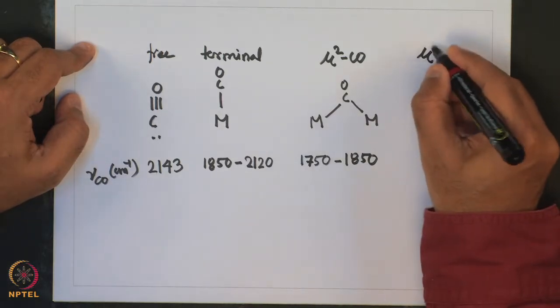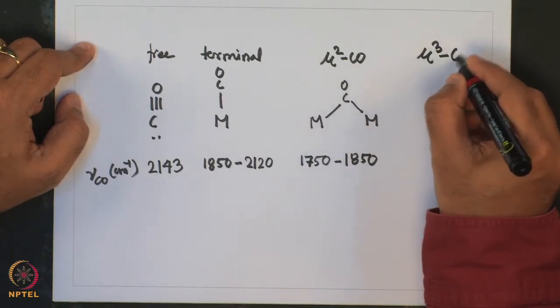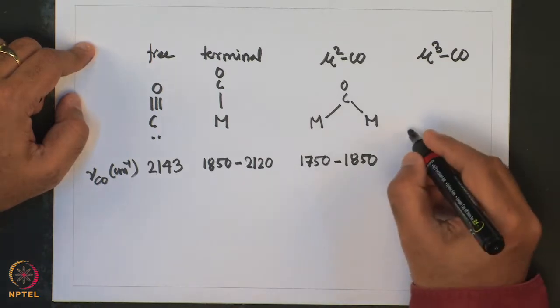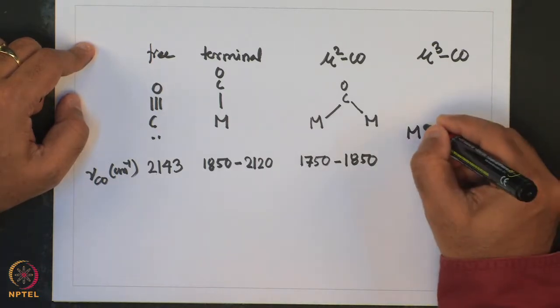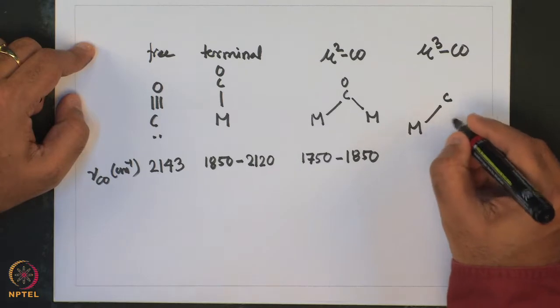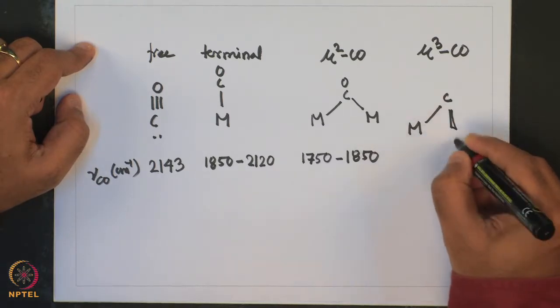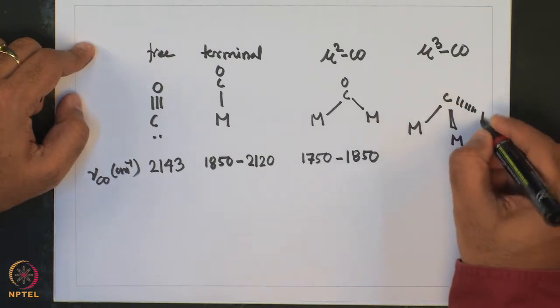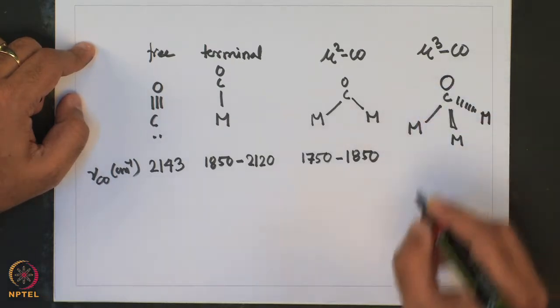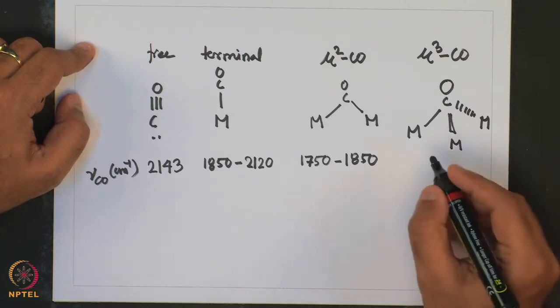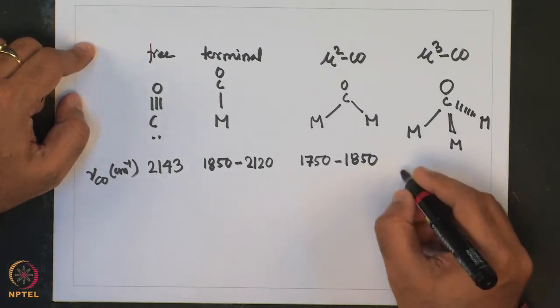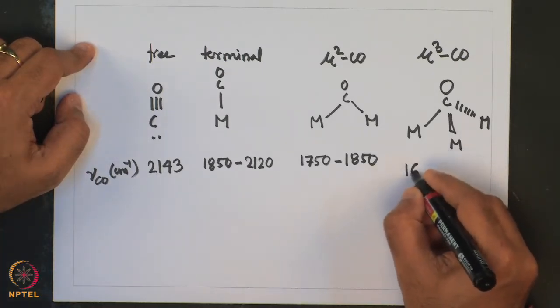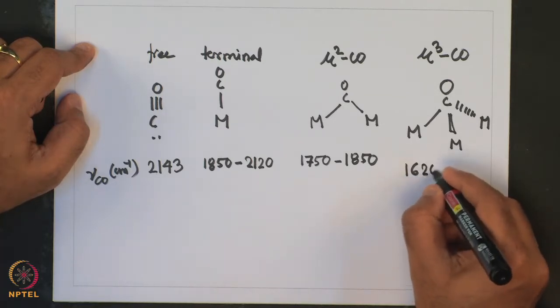Something like mu 3 CO, where CO is bridging between 3 metal centers, has also fallen substantially, from 1620 to 1730.